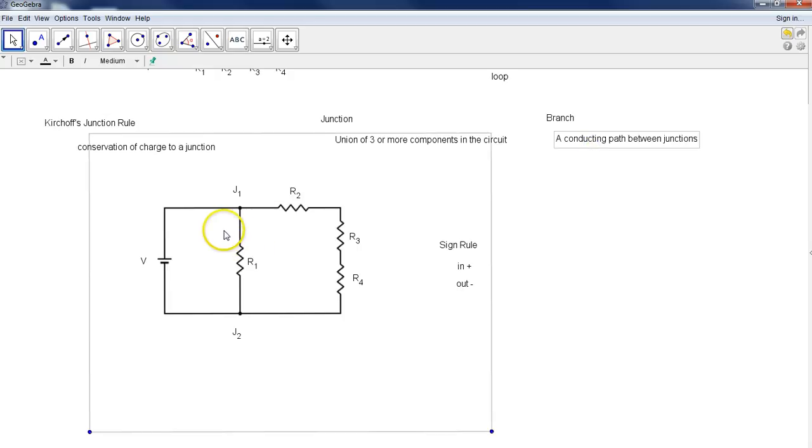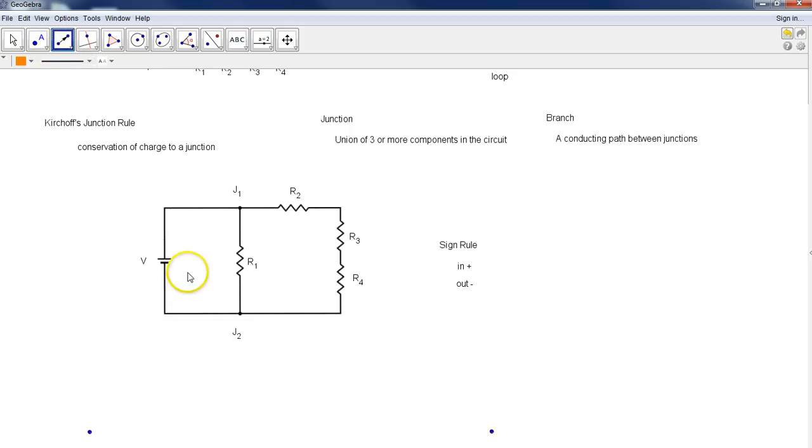In this circuit, notice I have three different branches. One branch contains the battery, another branch contains R1, and a third branch contains R2, 3, and 4. Each of the branches gets labeled with a current value. And you get to assign the direction however you like. We'll call this one I1.